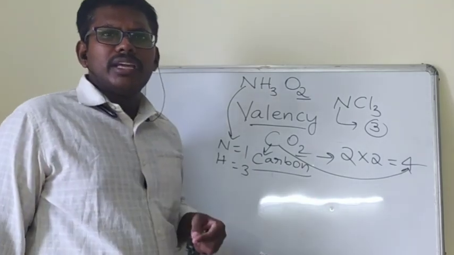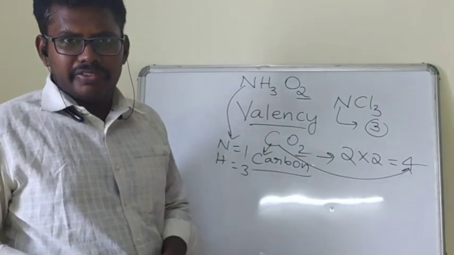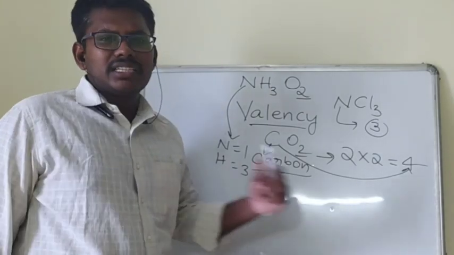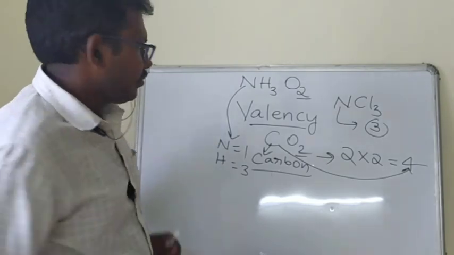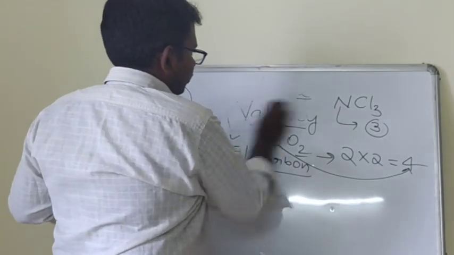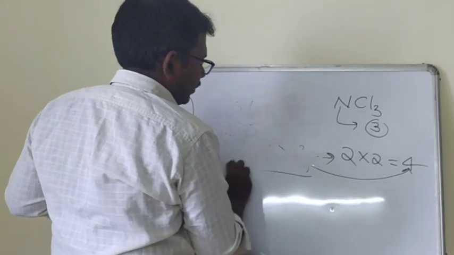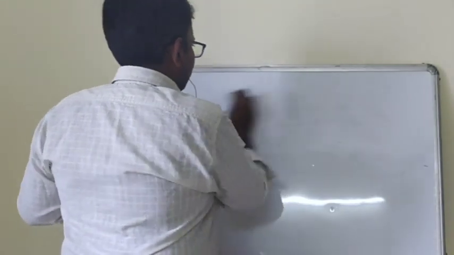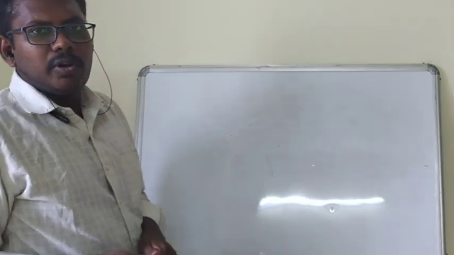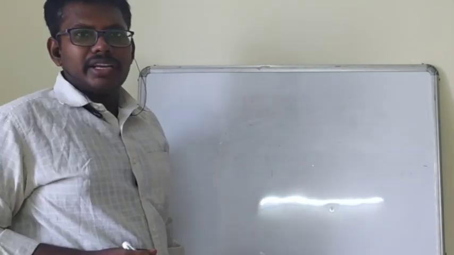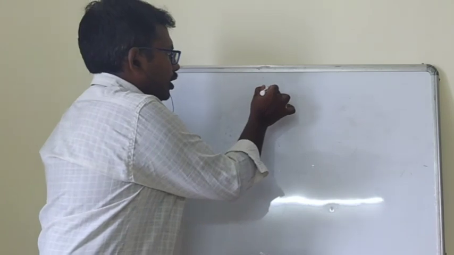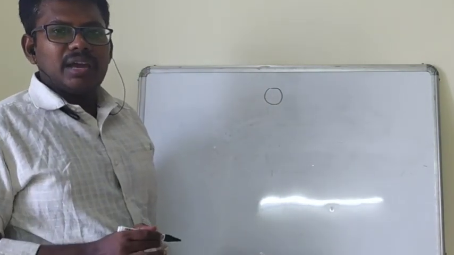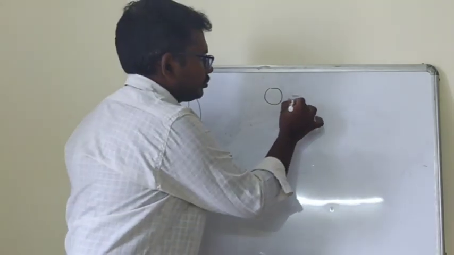Now I will say one more example of electronic configuration. Last class I think we discussed about sodium. Now I will discuss about oxygen. Before going to explain the electronic configuration of oxygen, we need to know the oxygen atomic number. Oxygen atomic number is 8.